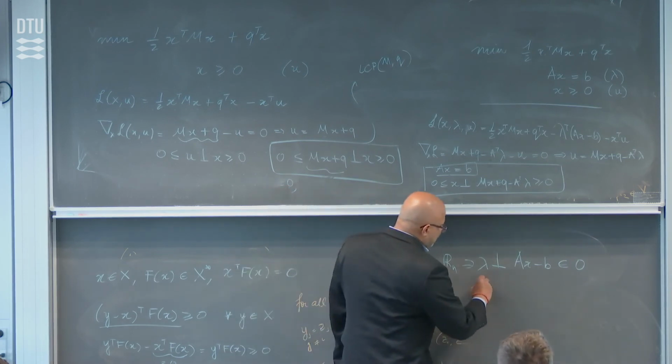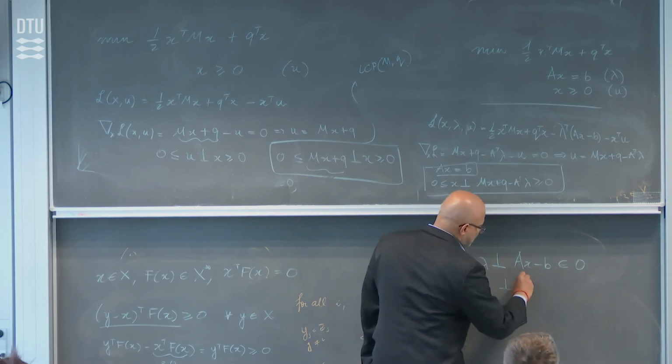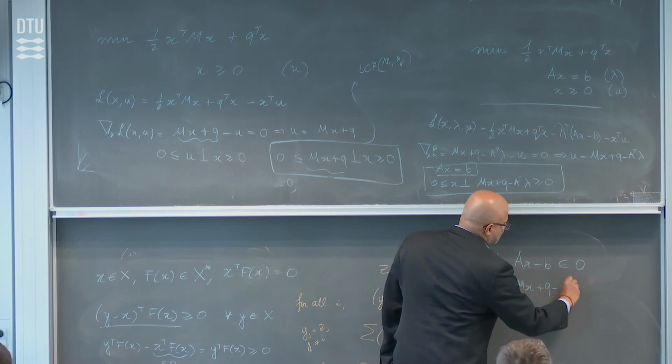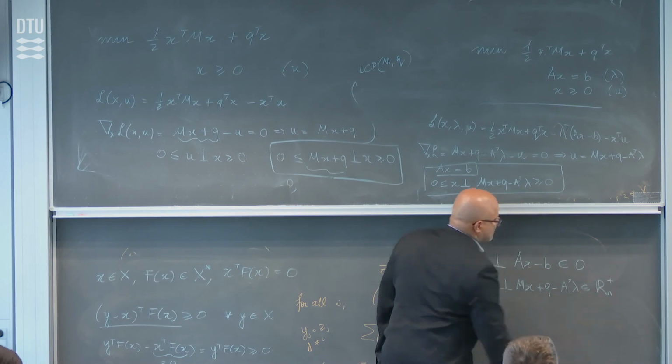So then you can write the x in Rn plus, and you have Mx plus q minus A transpose lambda. This is also Rn plus.